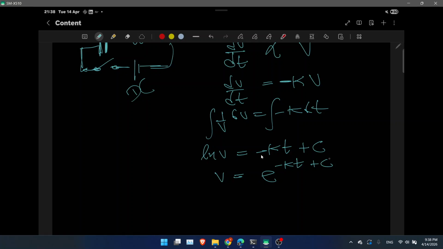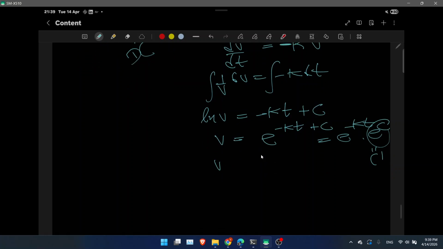If you separate that e to the power c, you can write this as e to the minus kt times e to the power c. This is a constant, so we can say V is equal to C dash times e to the minus kt. So this is the equation. We solved it.